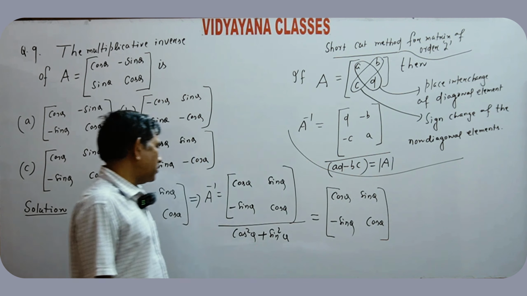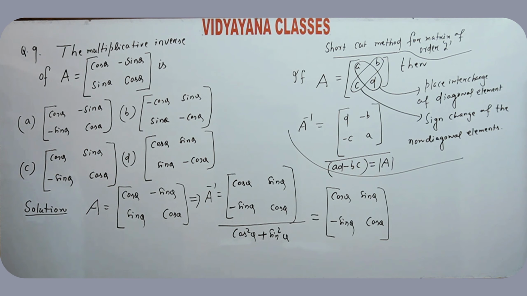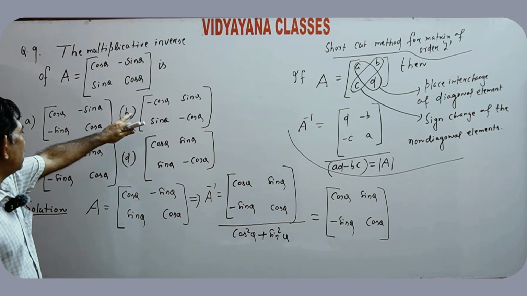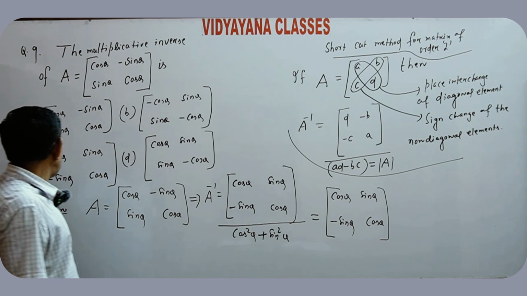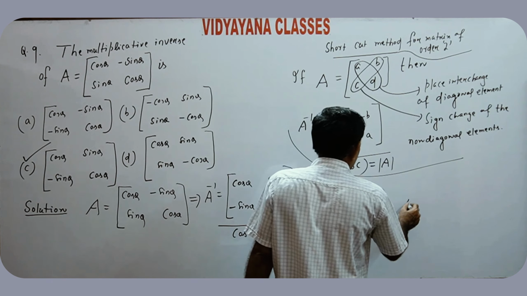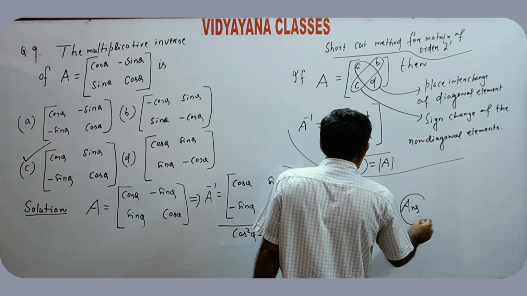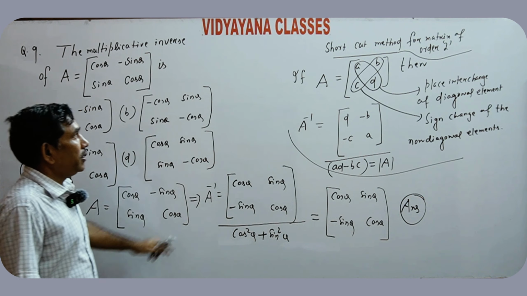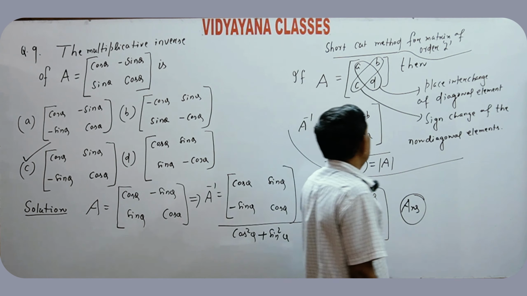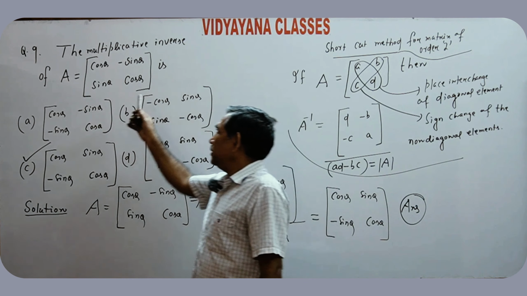Cos square theta plus sin square theta is equal to 1. So the correct option is C: place change, sign change, divided by 1. So the correct option is C. Answer: the inverse of A, if A is equal to this, we can apply the shortcut method since it is a multiple choice question.